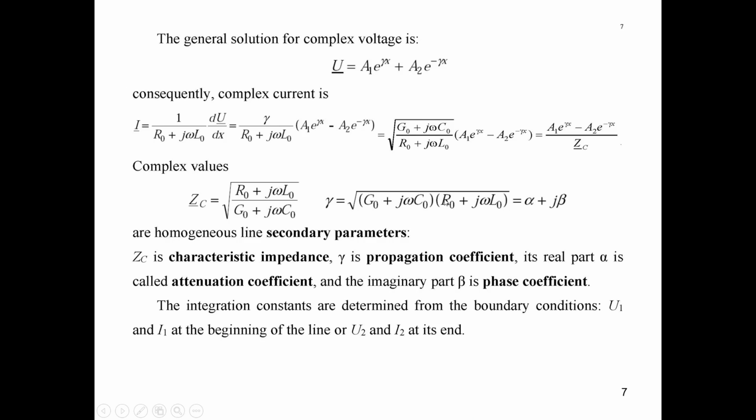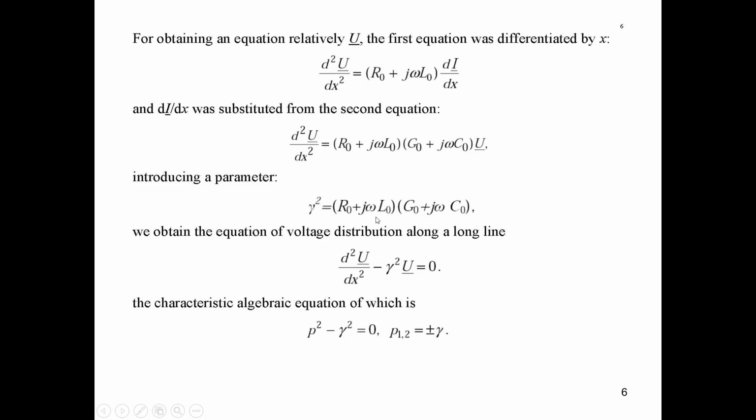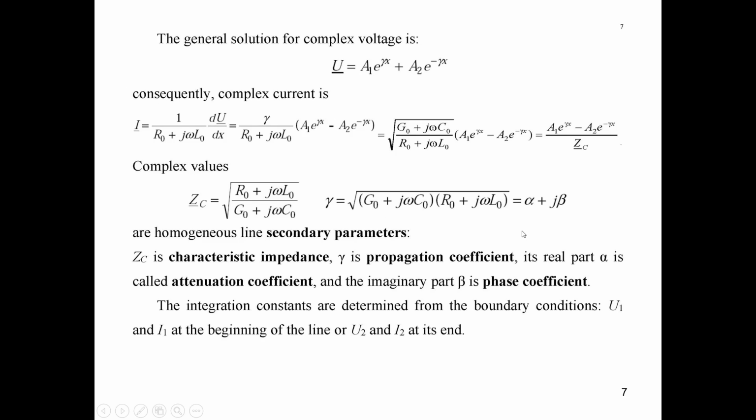We designate this coefficient as the characteristic impedance, and gamma is presented as the sum of a real and a j imaginary part. The characteristic impedance and propagation coefficient are called secondary parameters.